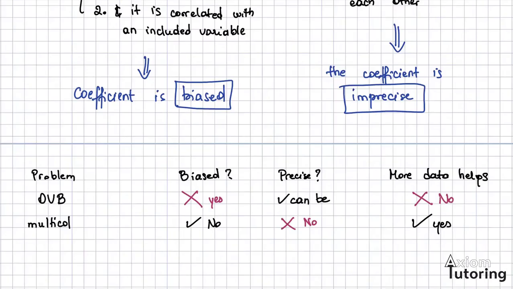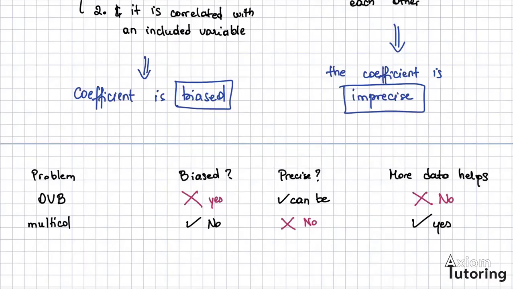So OVB clearly affects accuracy: you are aiming at the wrong target. Multicollinearity affects precision: you are aiming at the right target, but your hand is shaking. The more data helps column is quite crucial. Multicollinearity is a data problem, as more observations reduce standard errors, while omitted variable bias is a model problem. No amount of data will fix the fact that you are missing an important variable.